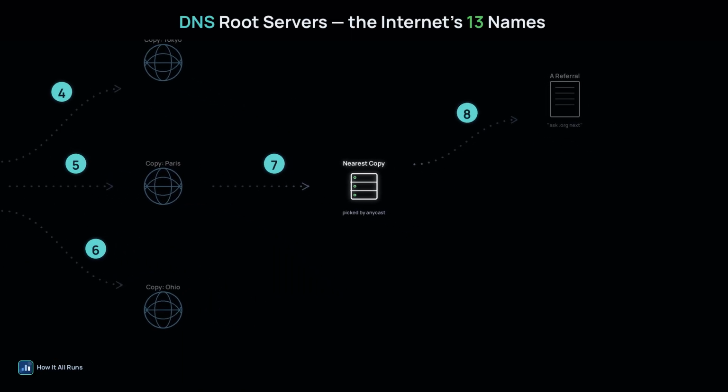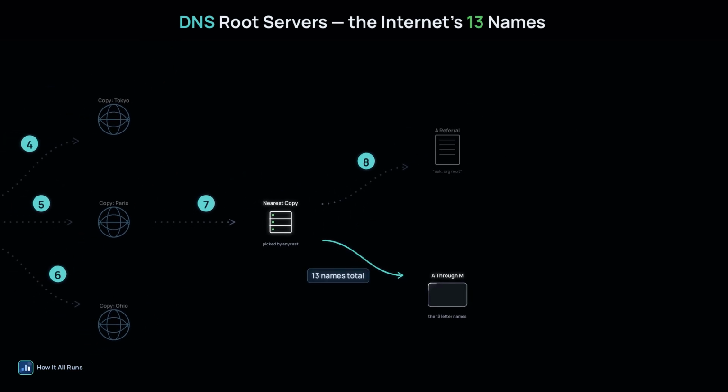Multiply those hundreds of copies per name by 13 names, and the real machine count behind only 13 reaches well into the thousands, scattered across nearly every country on Earth. The 13 names themselves are lettered A through M, a naming convention frozen in the internet's early days, long before anyone expected the system to outlive entire companies.